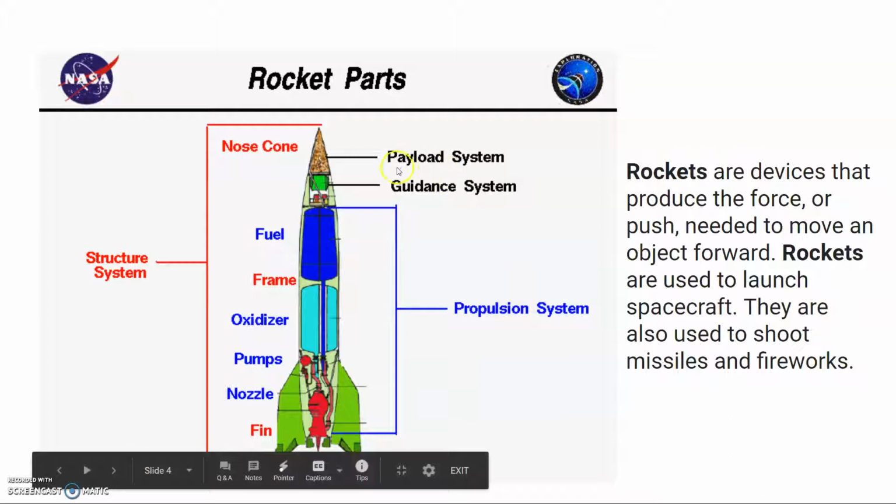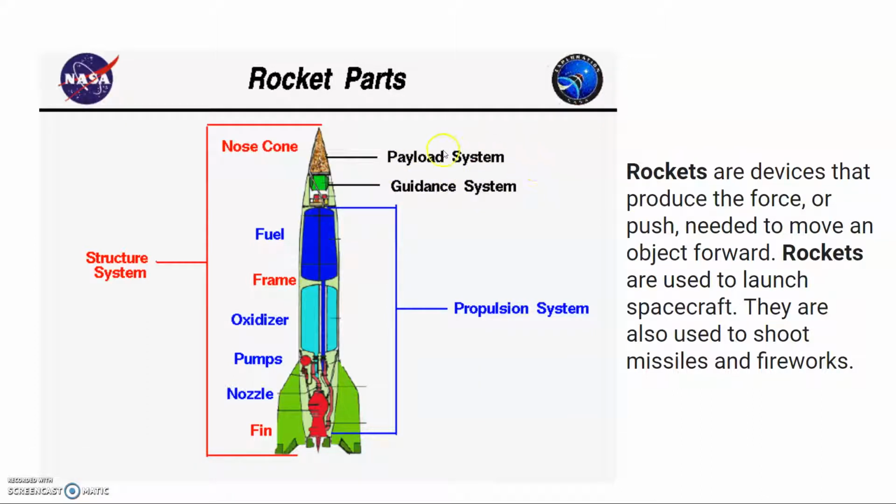There's also something called the payload system. That is also going to be the case no matter what type of rocket we have. We'll talk about what the payload means in a minute. The guidance system is something that may or may not be on there. If we're talking about spacecraft, guidance systems are clearly very important, knowing where they're going and having control over those things, but something like your backyard firework probably doesn't really have much of a guidance system.